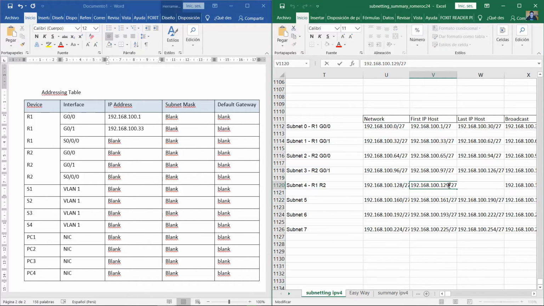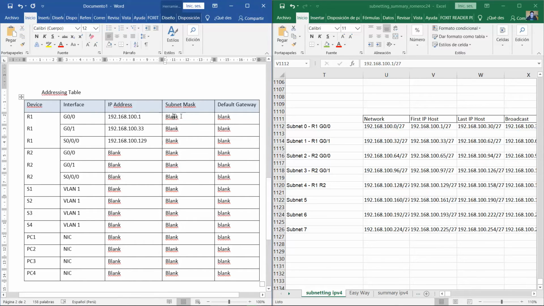Use the first. And subnet mask /27 for all is 255.255.255.224. Okay, in all cases. No default gateways because the router is the default gateway.